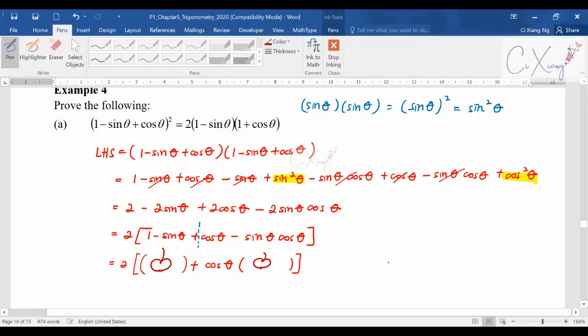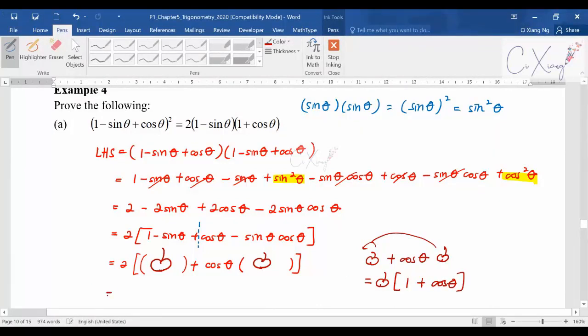So if you look at this equation now, you're having apple plus cos theta multiplied with apple. If you continue to factorize it, you can take out the apple. So when you take out the apple, what do you have? You're having 1, because the apple you take out already, so here you left 1. And then plus, apple you take out also, so you're having cos theta.